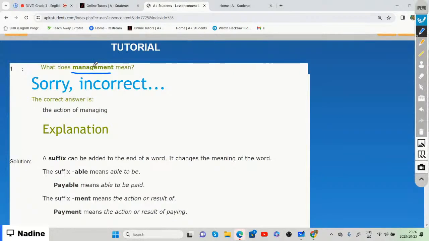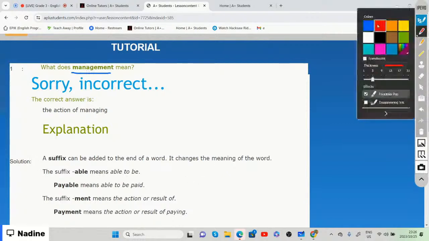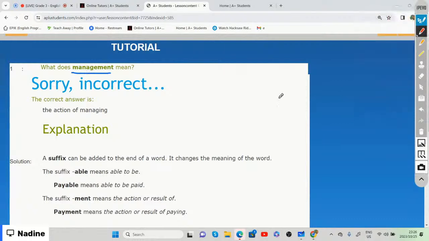If you look at the word manage, then management either means the result of managing or the action of managing. So management is the action of managing something.